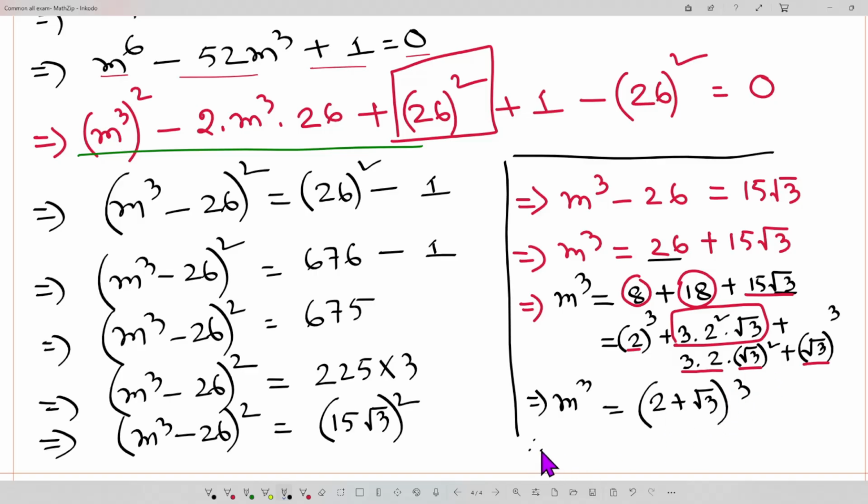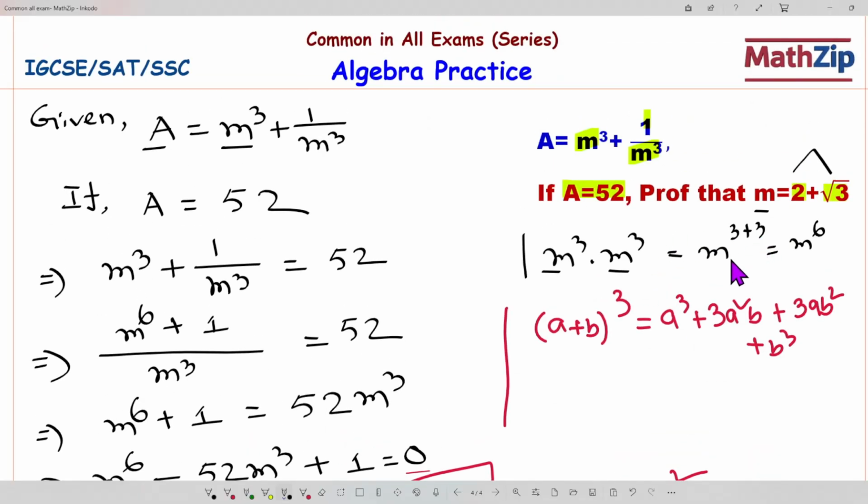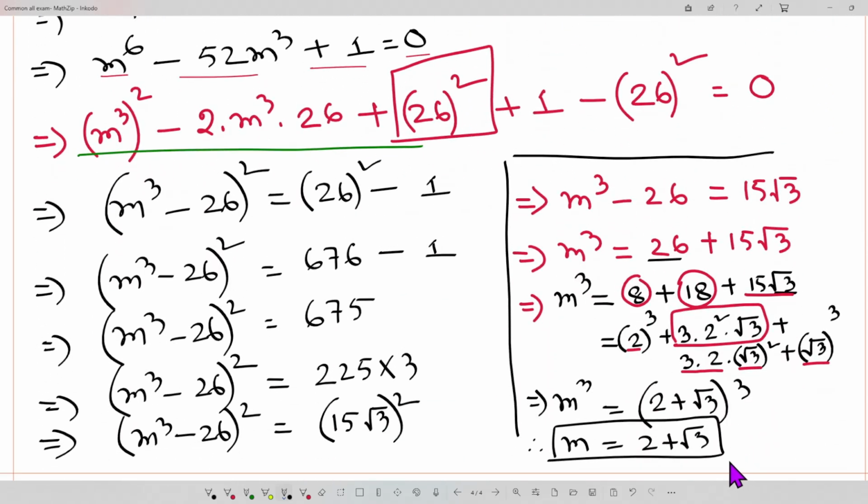So finally, once we take the cube root of both sides, it will be m equals 2 plus root 3. This one is our required information. Look, our question is proved that m equals 2 plus root 3. So we have already proved it.